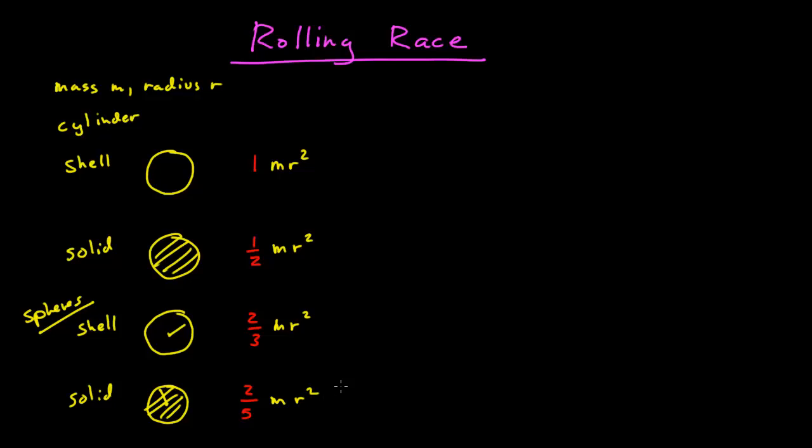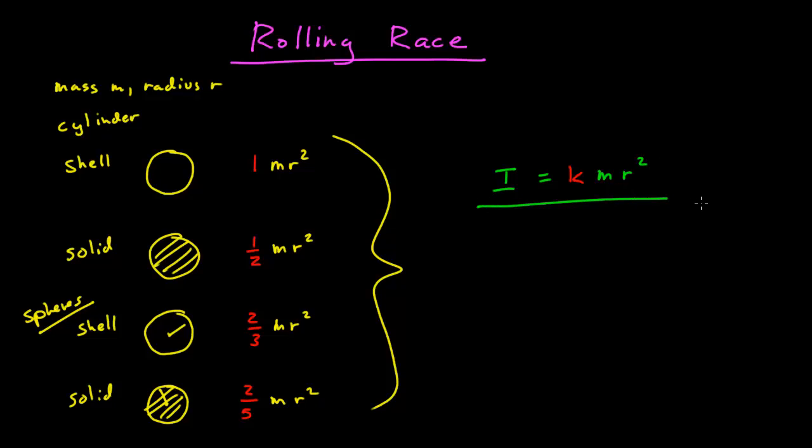And so you can see what I've done there is that all of the moments of inertia of these objects have the same form. They have a moment of inertia which is equal to some number k times the mass of the object times the radius of the object squared, where k is a number greater than 0 and less than or equal to 1.